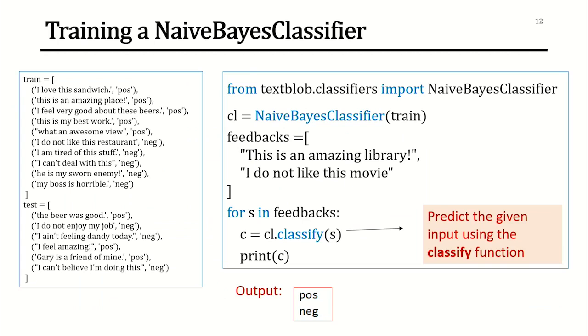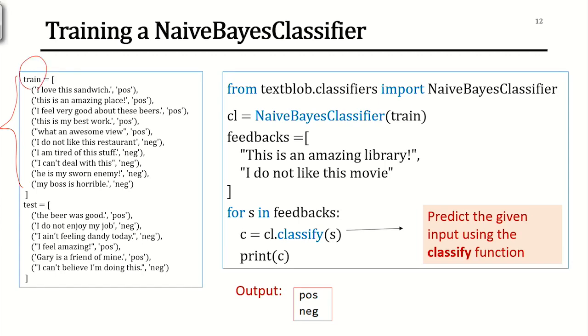So when we want to train a naive Bayes classifier in the second implementation for performing the sentiment analysis, we can also give some training data. For example, we set a fixed variable for storing the train sentences, as we have stored in this variable train.